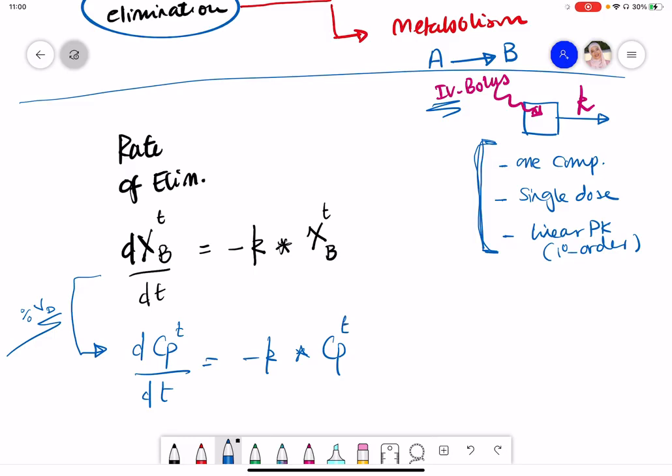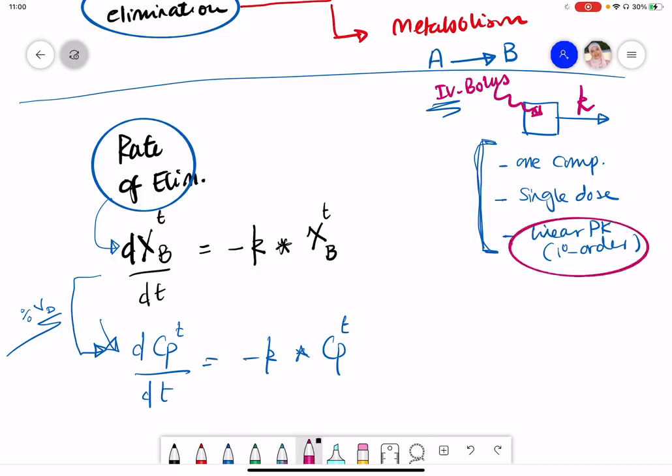Okay, in both of those cases, this is rate of elimination in amount terms, and this is rate of elimination in concentration terms, right?